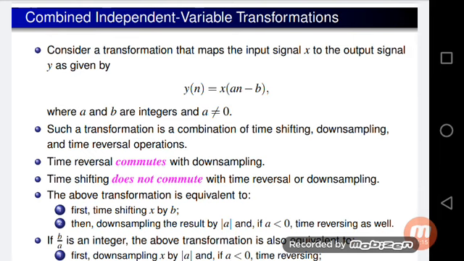Such a transformation is a combination of time shifting, downsampling, and reversal operations. Time reversal commutes with downsampling.